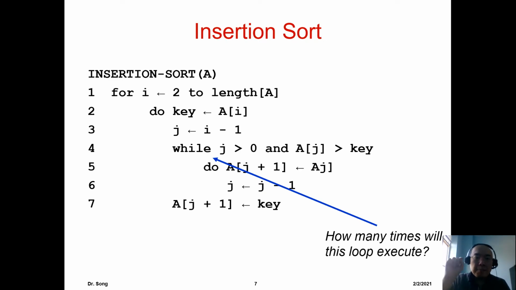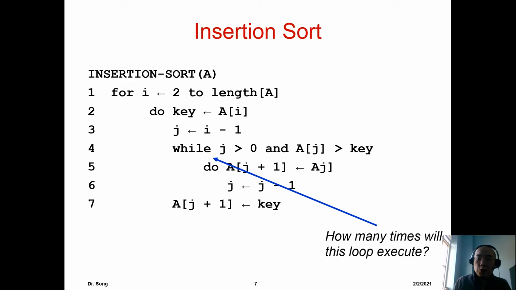Say in the best case, when we are expanding the sorted portion to include the 4th value, we only do one check, so we execute line 4 once. That's the best case. And what's the worst case? The worst case is when we are expanding to the 4th value and we have to shift all 3 values.